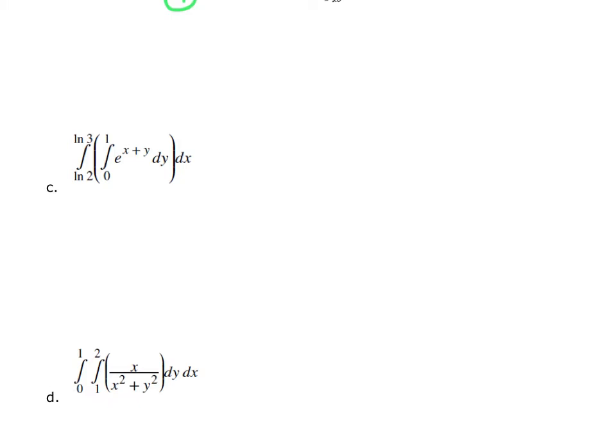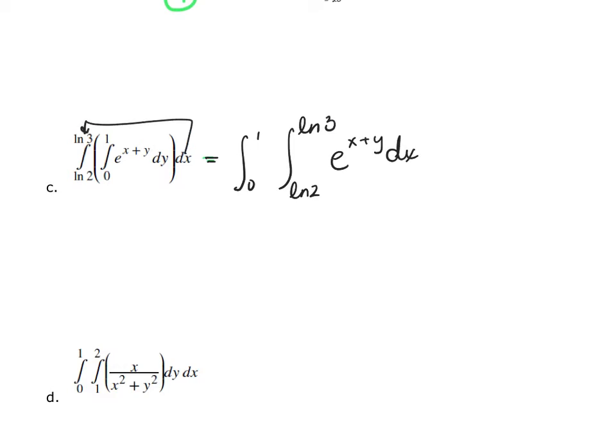So let me rewrite this to make it better. The only reason I'm doing this is because I see the natural logs. So I'm going to integrate this from 0 to 1, and the integration of the natural log of 2 to the natural log of 3, of e to the x plus y, and then it's a dx first, because the dx goes with these, and then dy.